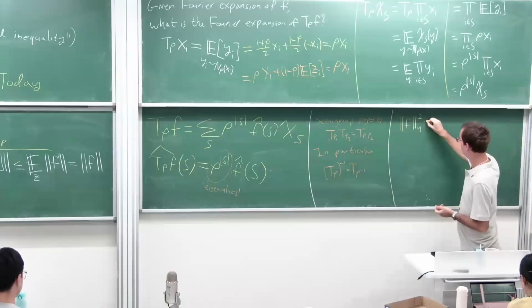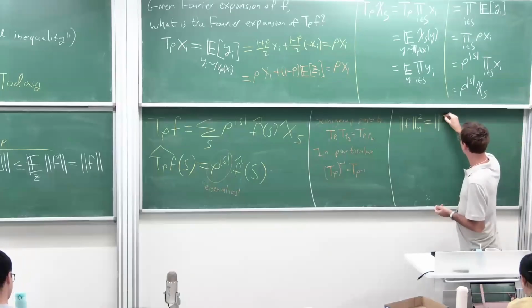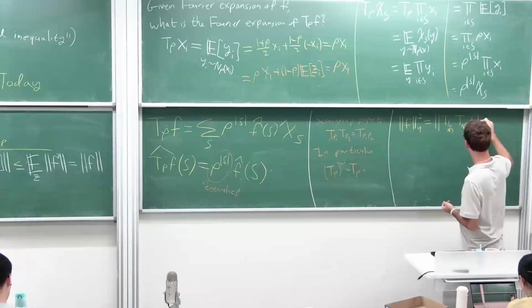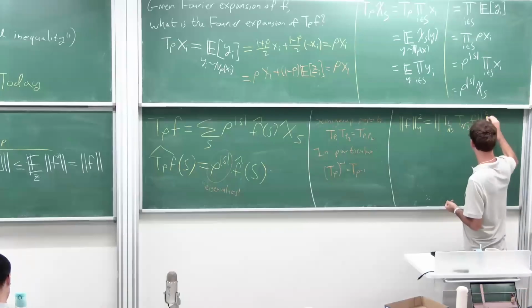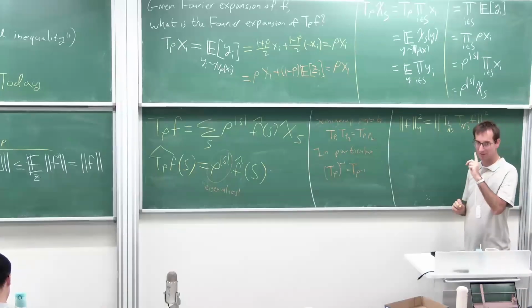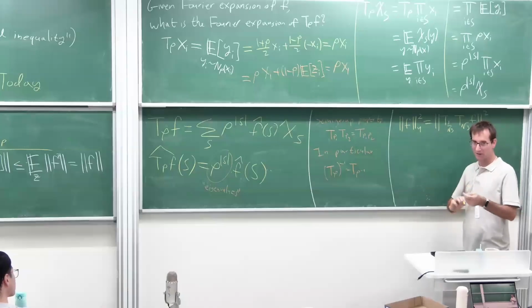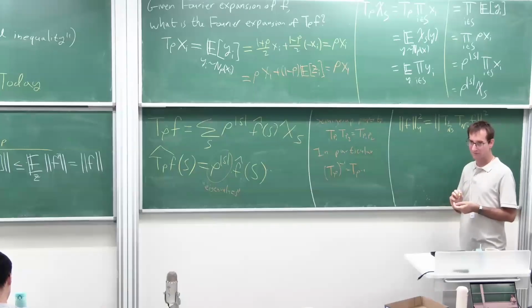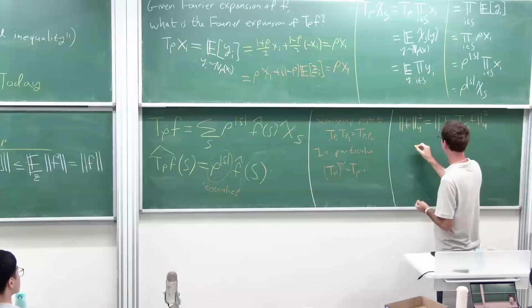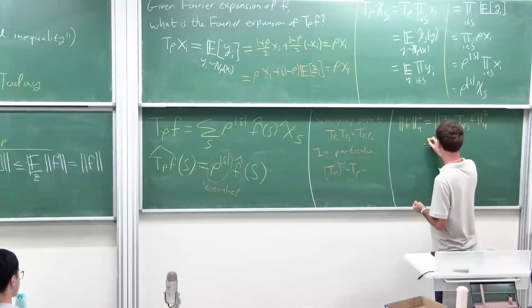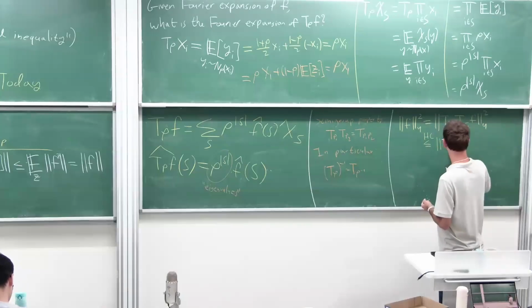This is equal to T 1 over square root 3 applied to T square root 3 f, in the 4 norm squared. So we just apply this noise operator and its inverse. And this is at most, by hypercontractivity, the 2 norm of T square root 3 f squared.